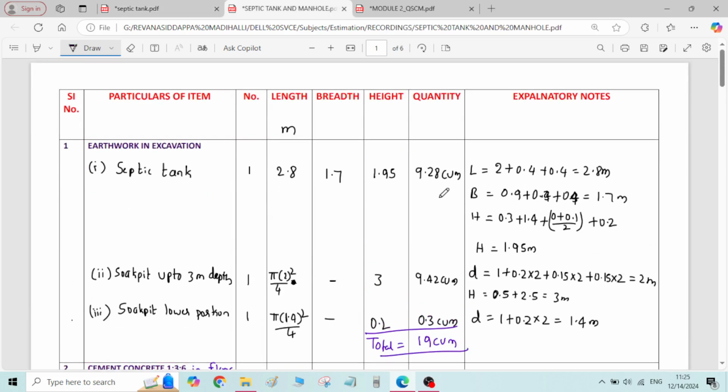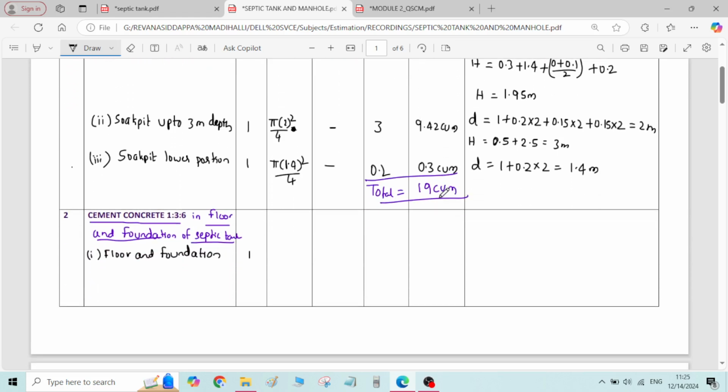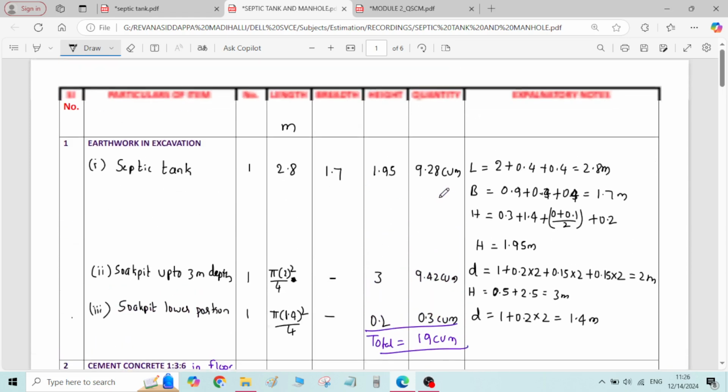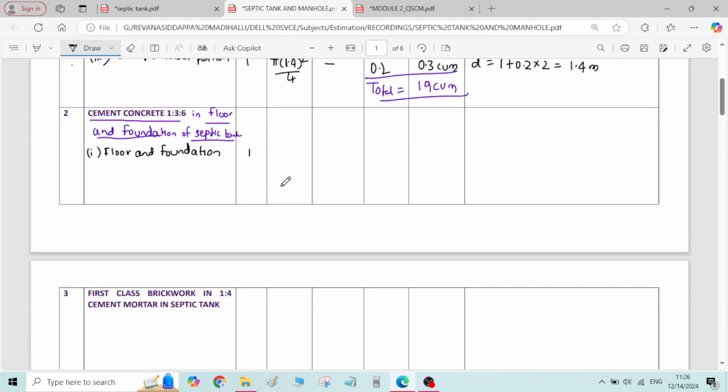Whatever length and width for which you do the excavation of the earth, the same length and the same width we have to pour the concrete for the foundation. Therefore, copy the same numbers; no need to calculate it once again.